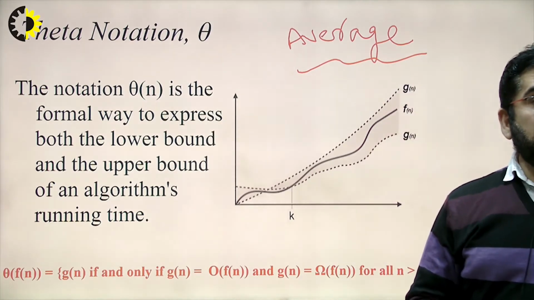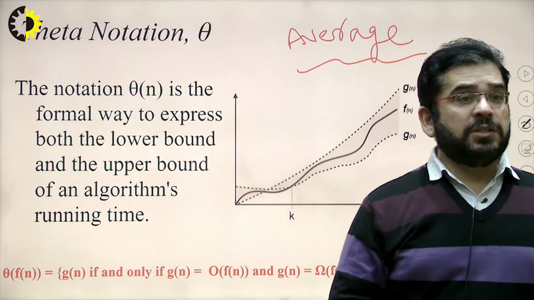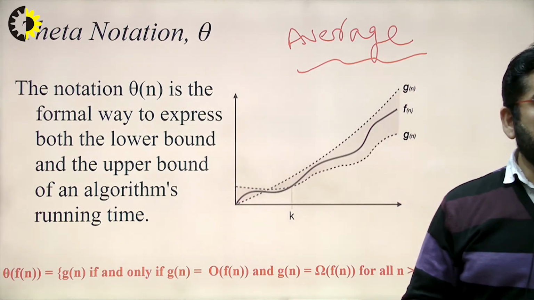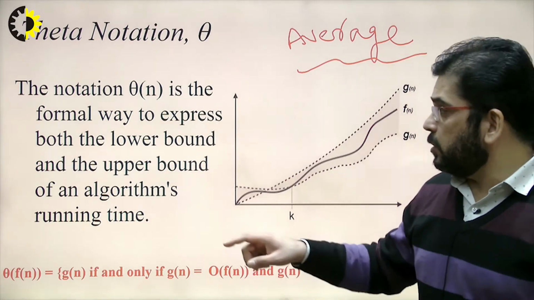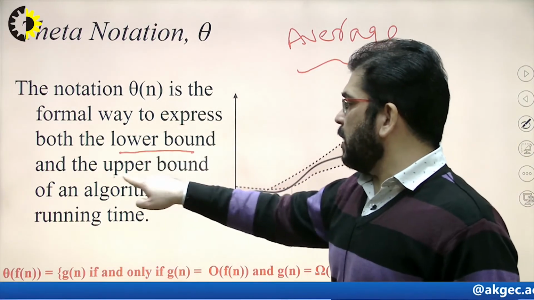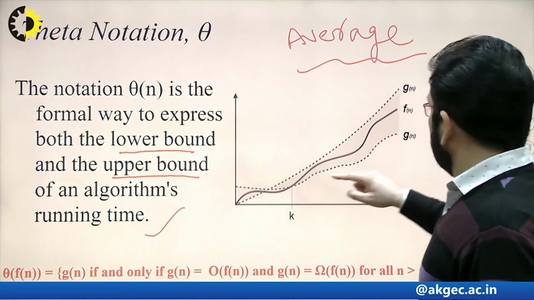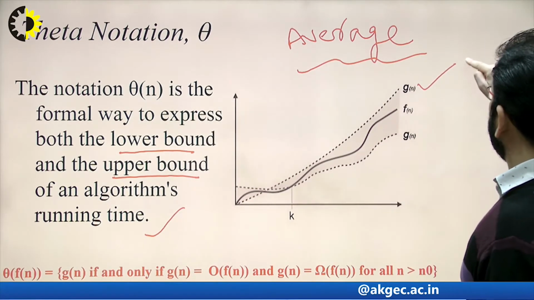So here the two functions f(n) and g(n) with two slots can be used. The theta notation is the formal way to express both the lower bound and the upper bound of an algorithm. So this one g(n) is, you can say, the upper bound.